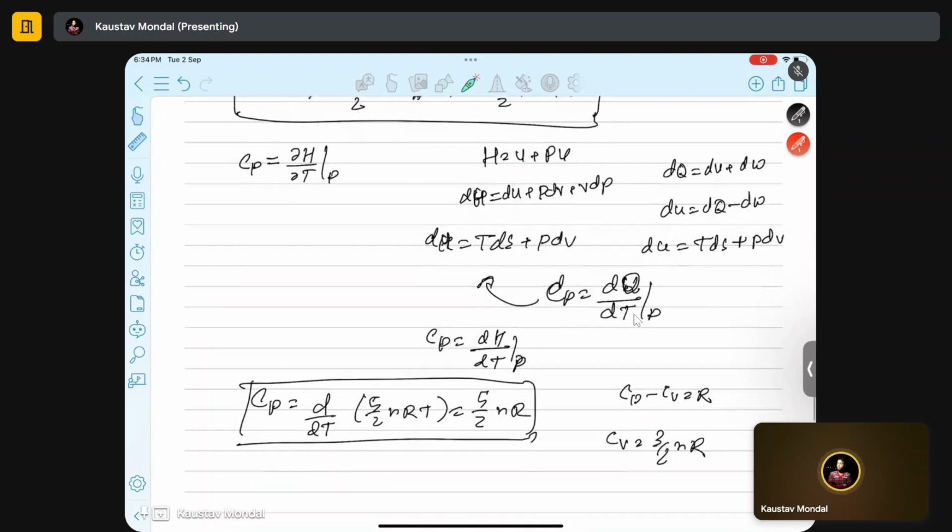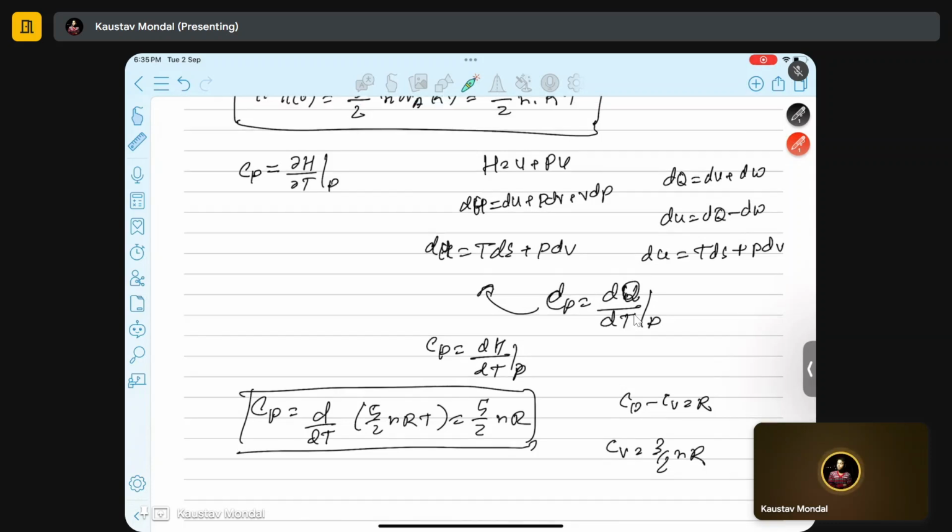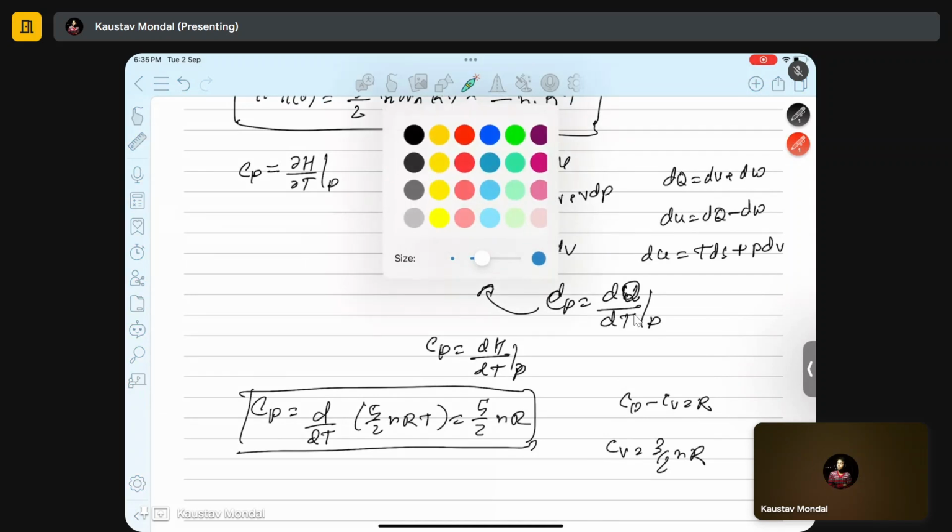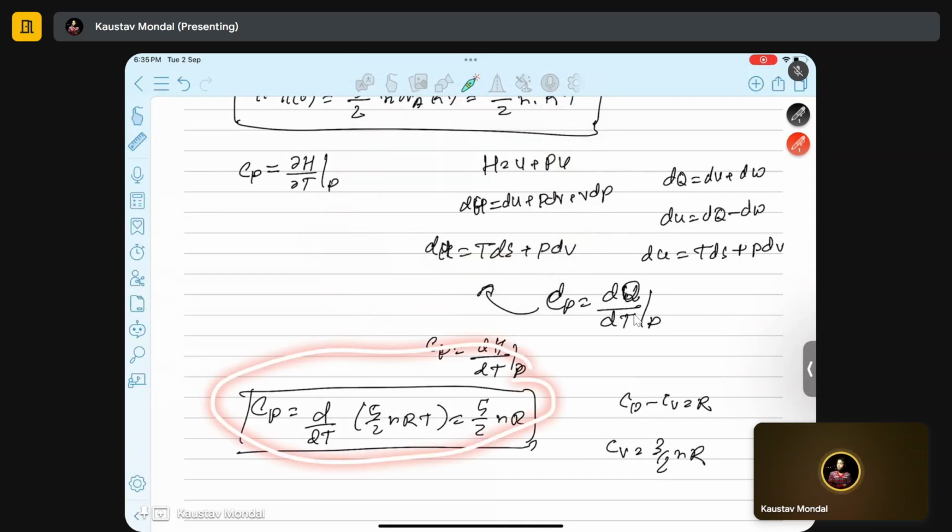Now from here, the first thing we can calculate is the Cp, right? Cp is the derivative of the H, so 5 by 2 nRT.